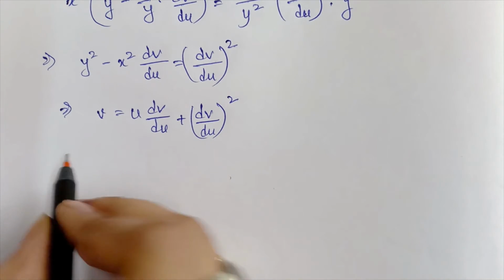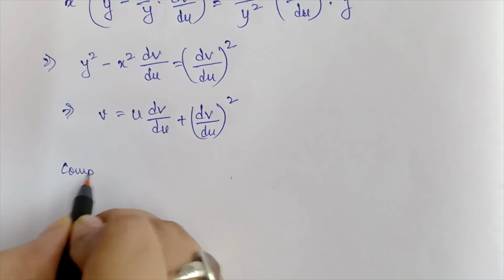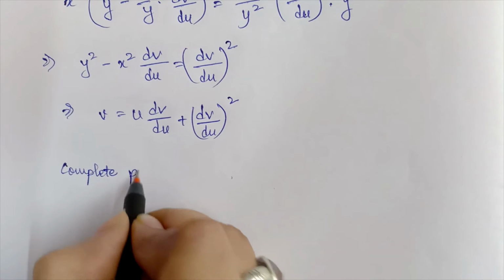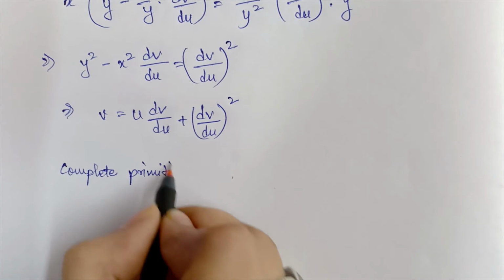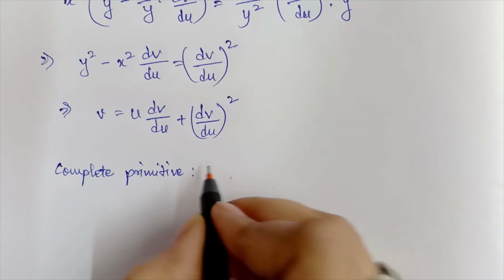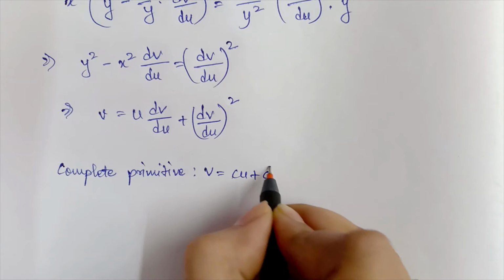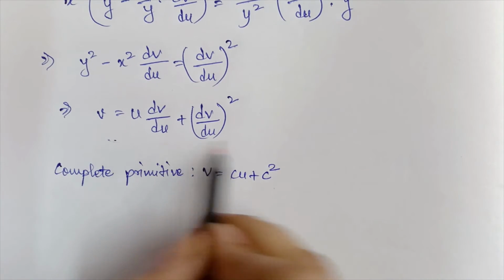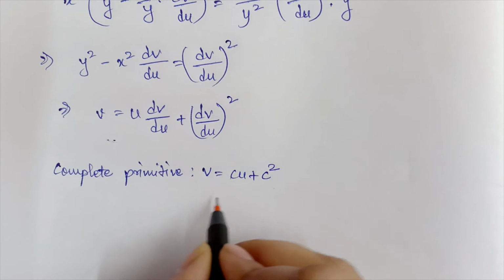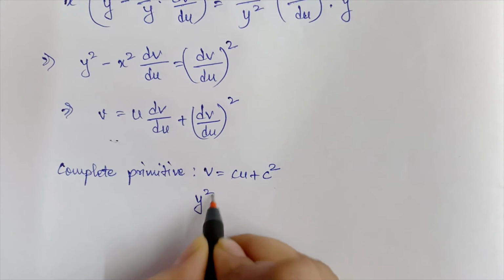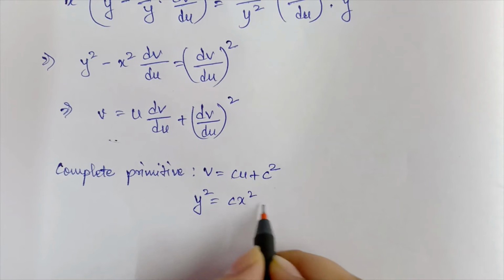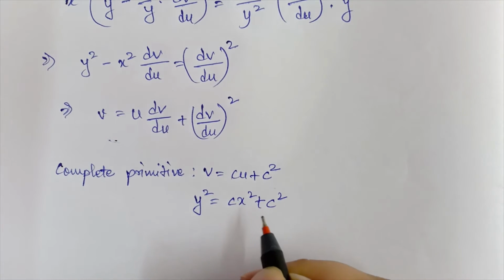Now the complete primitive which we get is v equals cu plus c square, or this can be written as y square equals cx square plus c square.